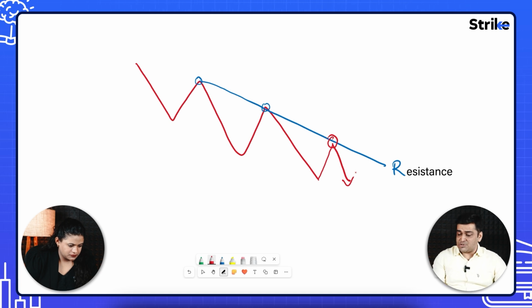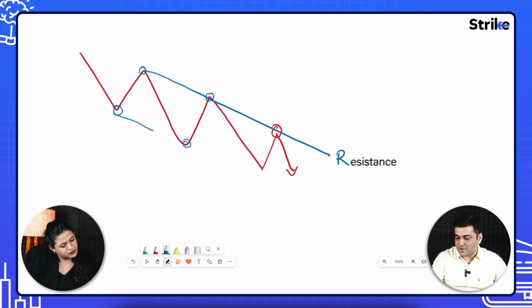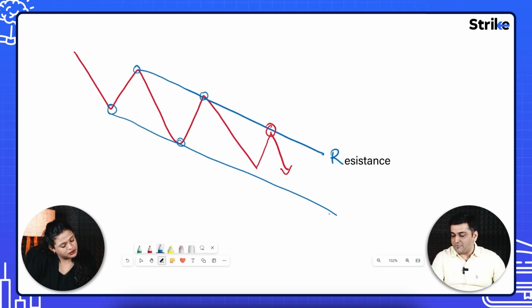Similarly, in the same chart, it's not necessary that in a downtrend you always have to use a resistance line. In this trend, you can also use a support line. How? Connect two significant bottoms over here and draw a trend line. In future, this line will act like a support level, and when prices are falling down, they will tend to take support and bounce back.